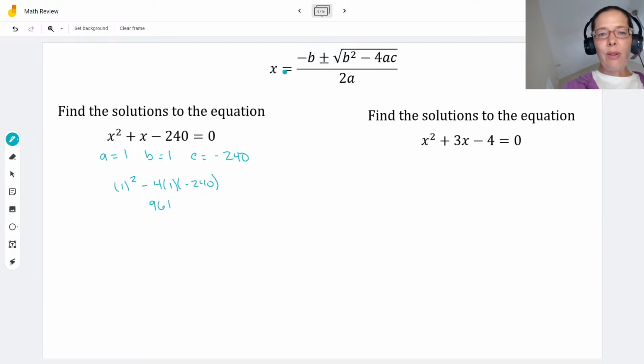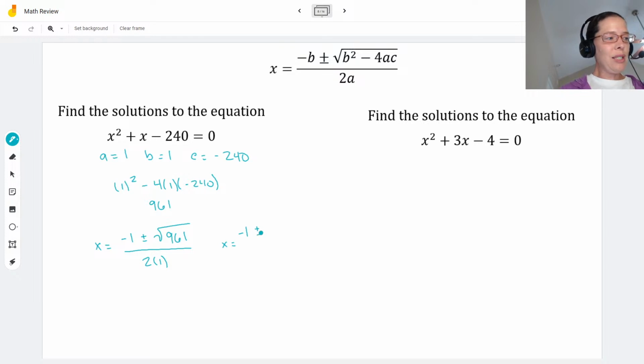But let's go ahead and write our roots out. So we've got x is equal to -1 plus or minus the square root of 961 over 2 times 1. So I think this time I'm going to actually simplify it first before I break it into 2 roots. So yes, this is actually a perfect square.